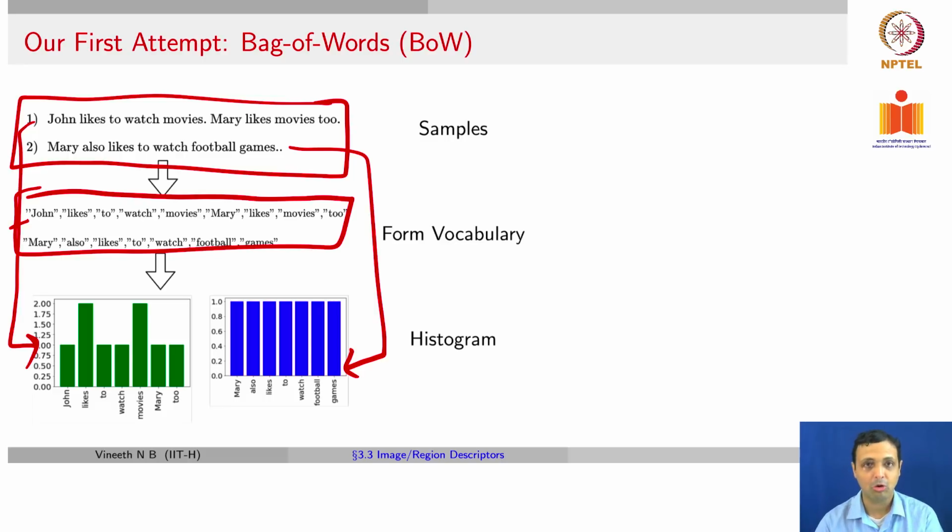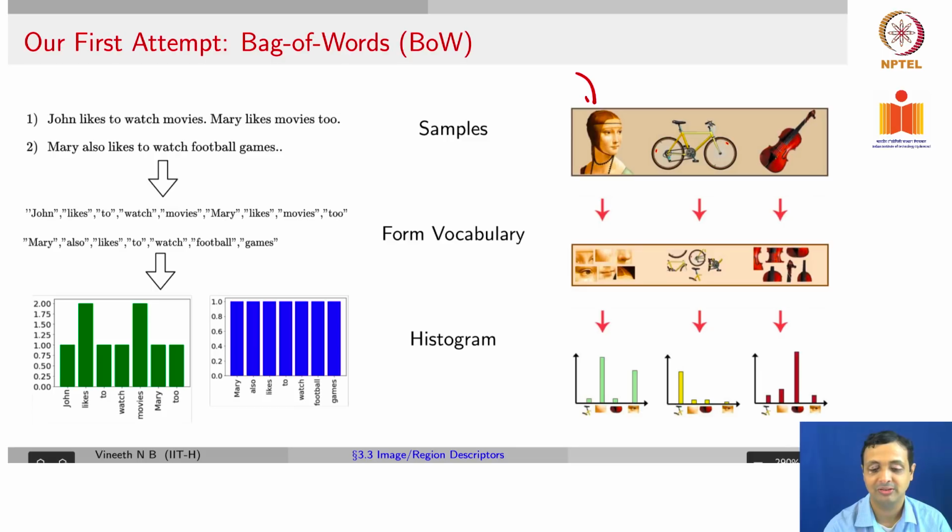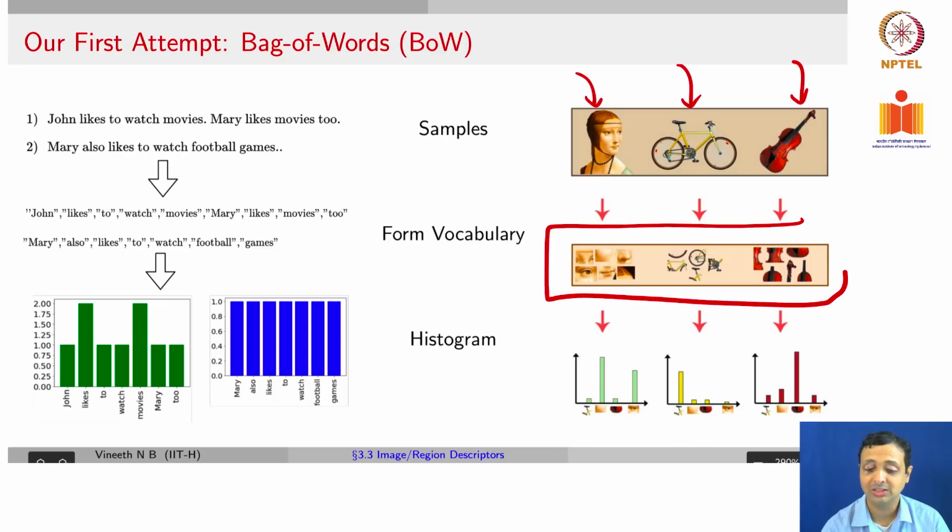Let's try to draw a parallel to images now. Let's say you have three different images in this particular case. So you form a vocabulary. What does a vocabulary mean for images? In text, it's perhaps simple. It's all the words that occur in your documents. But if you had images, what would be your vocabulary?